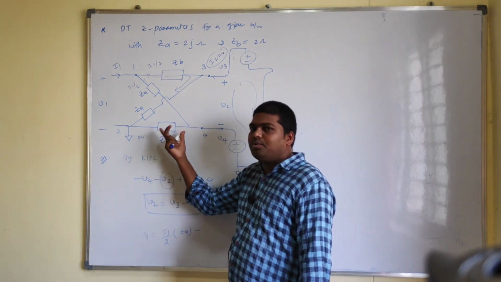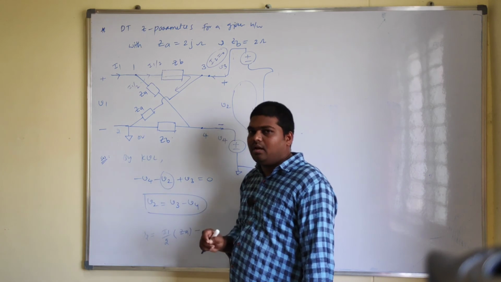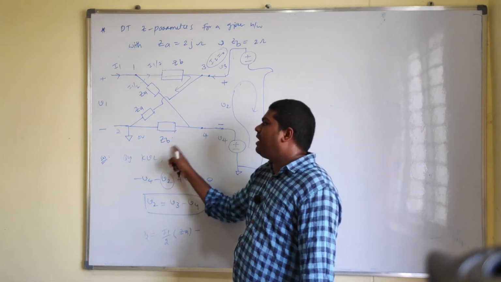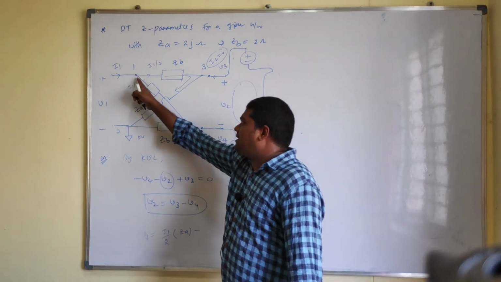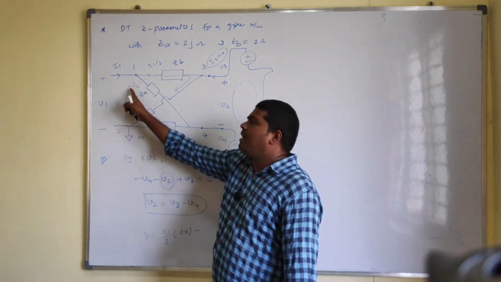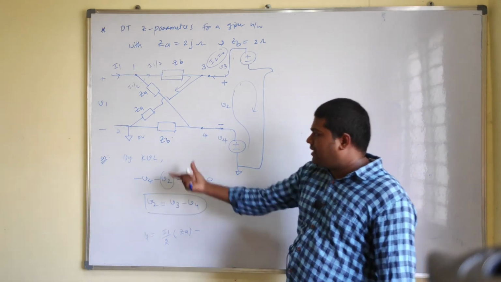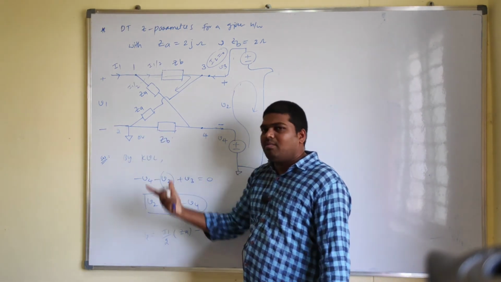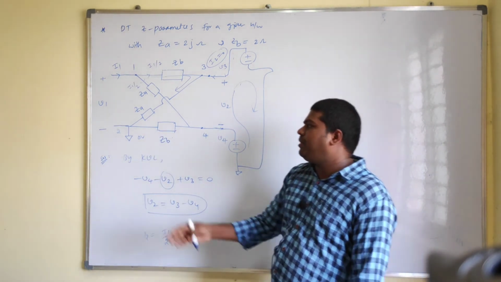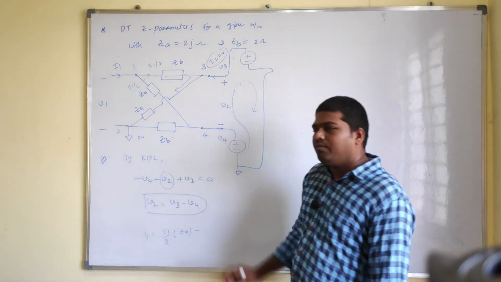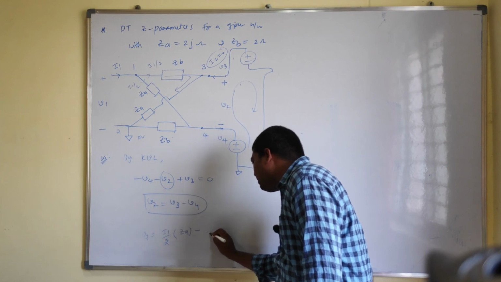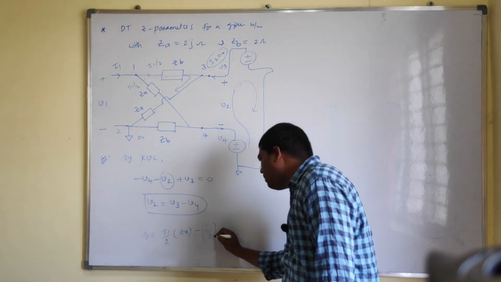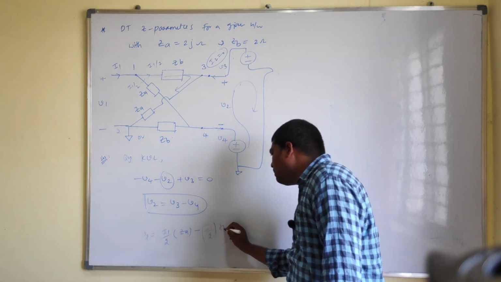You have to calculate that current. If you get that current, then you will get the V4 voltage. This complete branch has I1 by 2 amount of current, so this branch also has the same current I1 by 2. That I1 by 2 into ZB will give V4, so V4 equals I1 by 2 into ZB.